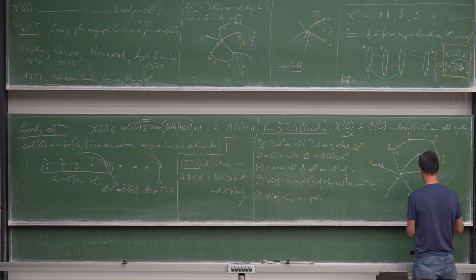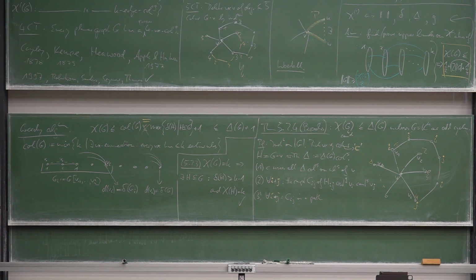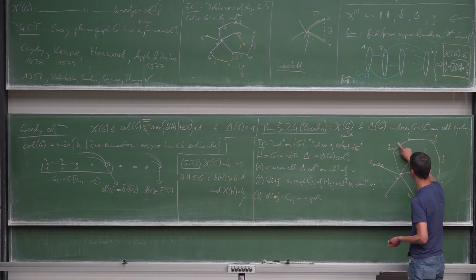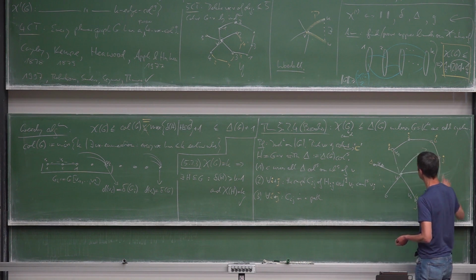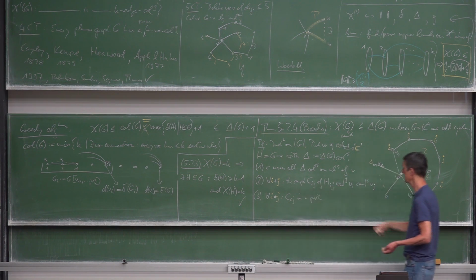Okay, this is j, i, j. This is my path. I want to show that the entire component Cij of the graph Hij is just this path.